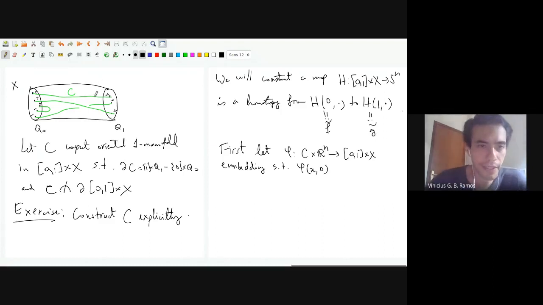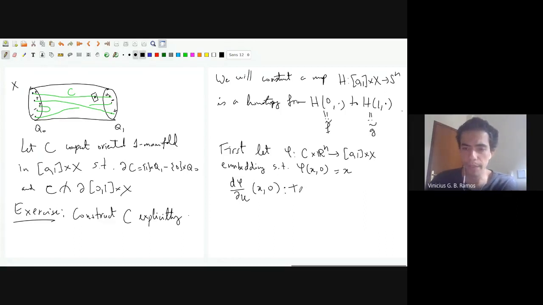You're basically looking at the normal bundle of C, and this normal bundle is just an R^n. So you want to take 0 to the same point x, the center. And you also want it to be orientation preserving. So d phi du of (x, 0) is orientation preserving.